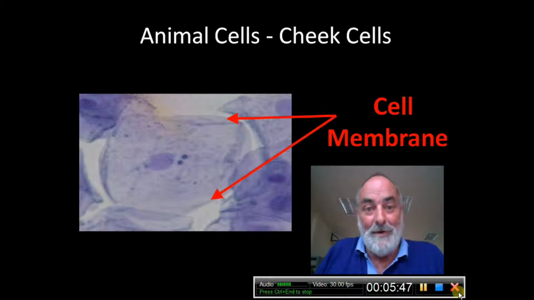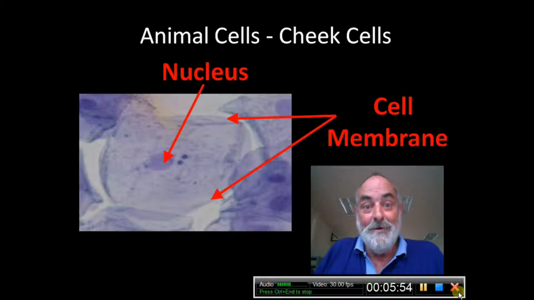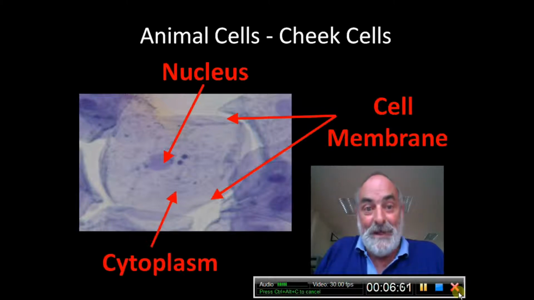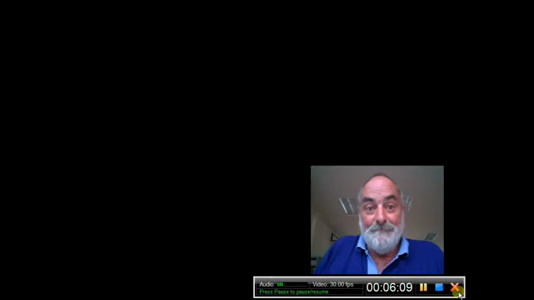It has the control center, the dark dot in the middle, and that is the nucleus. And around the nucleus is where the chemistry of the cell happens, the cytoplasm. So, a cheek cell.